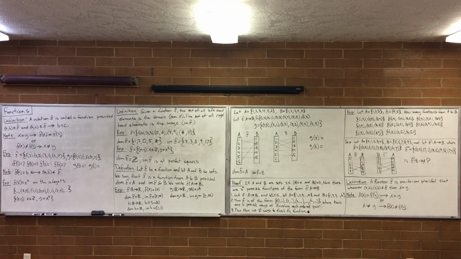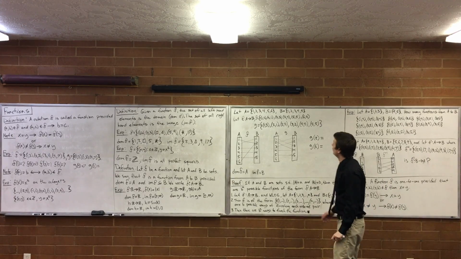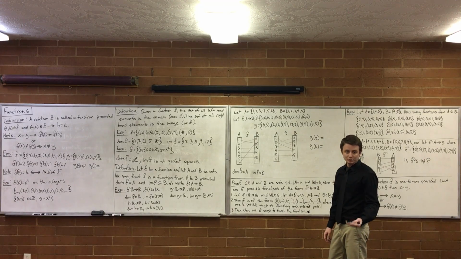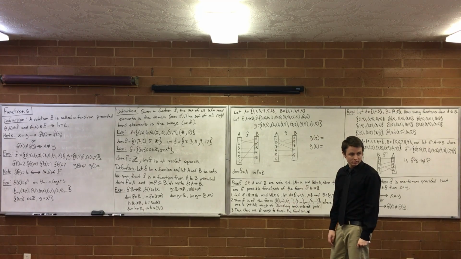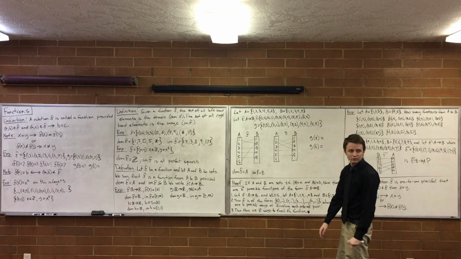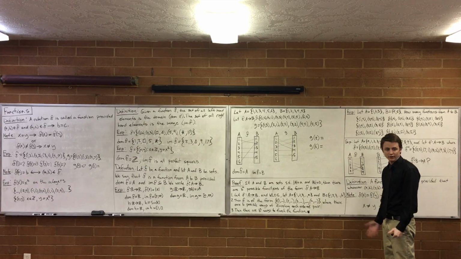If it's a function though, don't they have to be related? No. A function from A to B. I can make a function from the real numbers to the integers, and I can call it the rounding function, where it just rounds to the closest integer. That could be a function.